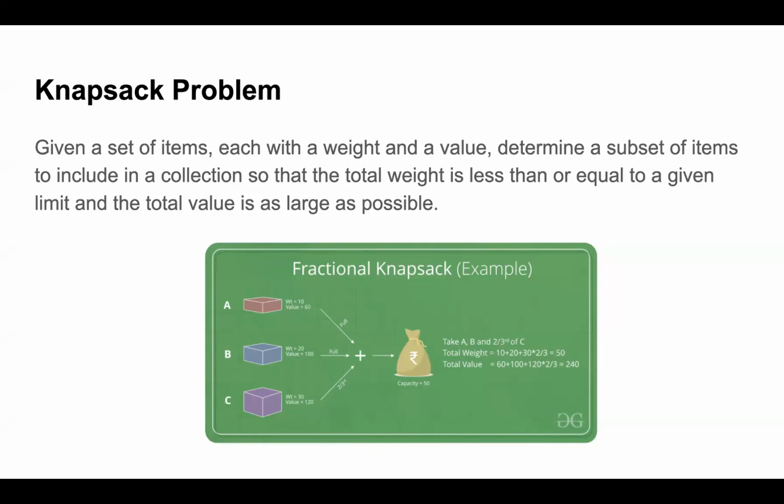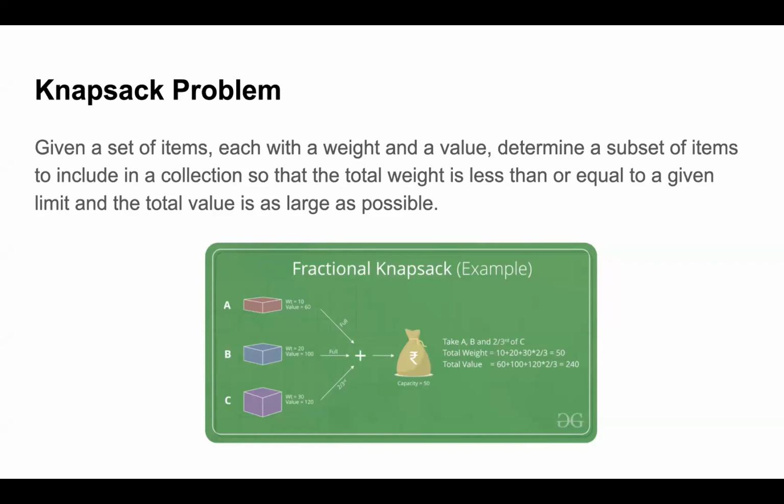Now A's weight given is 10, B's weight is 20, and C's weight is 30. In the diagram we can see this. Our capacity of the knapsack is 50. It means we cannot exceed the capacity, that is 50. Getting it?